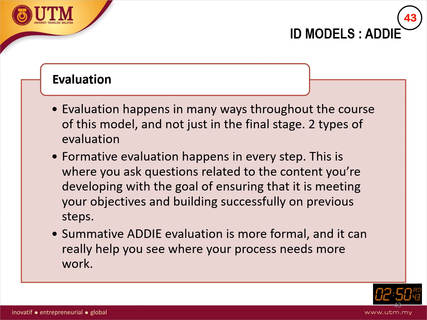Formative evaluation happens in every step. It's like a continuous evaluation. This is where you ask questions related to the content you are developing, with the goal of ensuring that it's meeting our objectives in each step. The summative evaluation is more formal, and it can really help you see where your process needs more work.